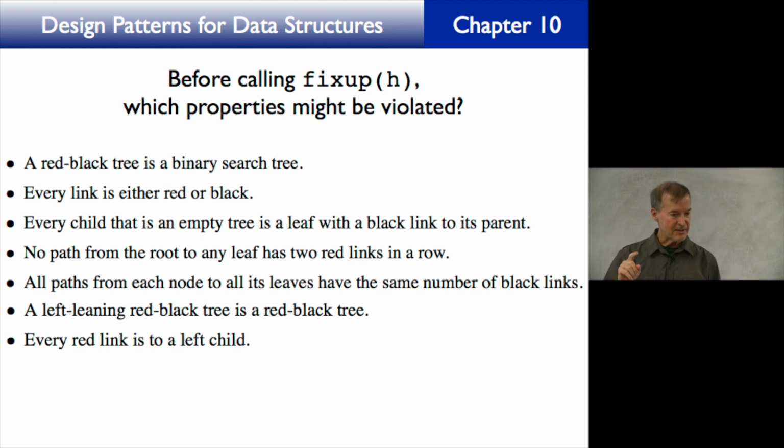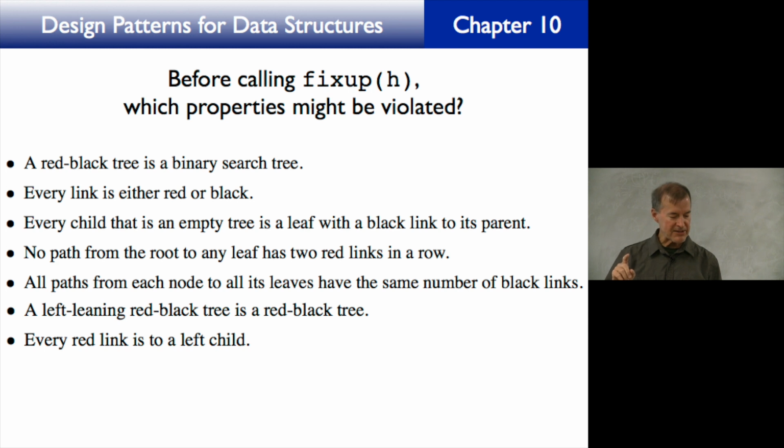Yes, because we did it in order, right, left, and then put it as a leaf. Question? Did the last part of the insert make the parent black? That was only the root of the whole tree. Oh, okay. Yeah.